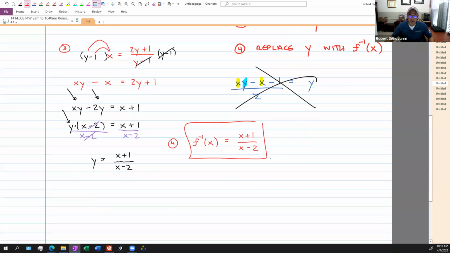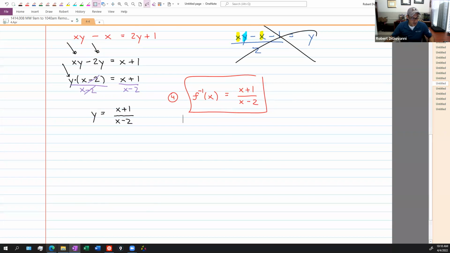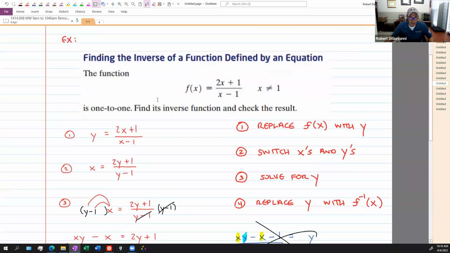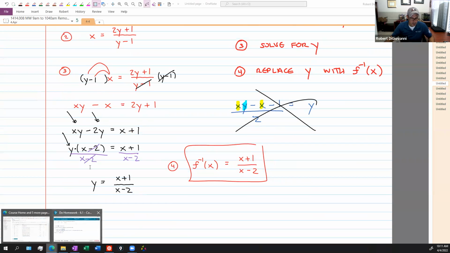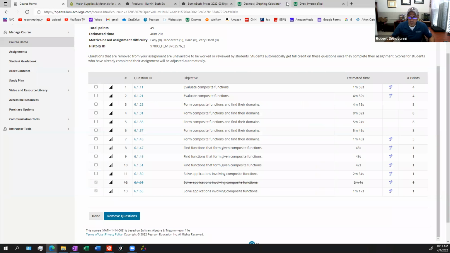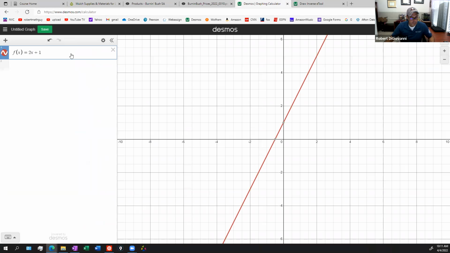Okay, what I'm going to do now is show you the graph. We're going to graph both of these just to see if it looks like we got it right. 2x plus 1 over x minus 1.